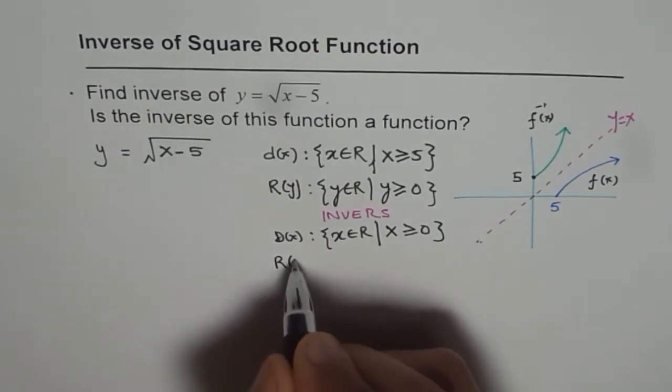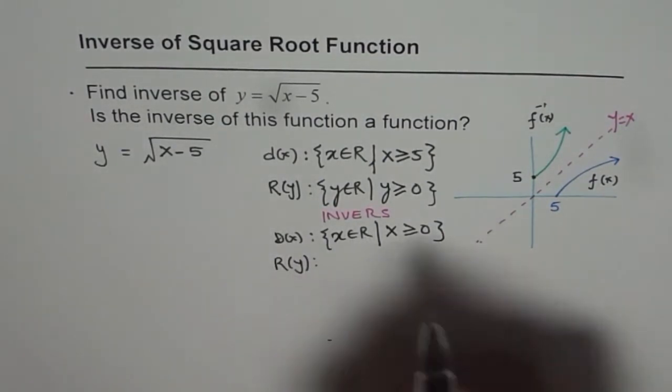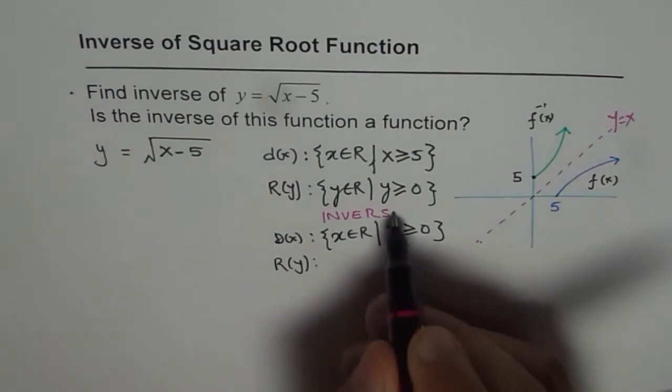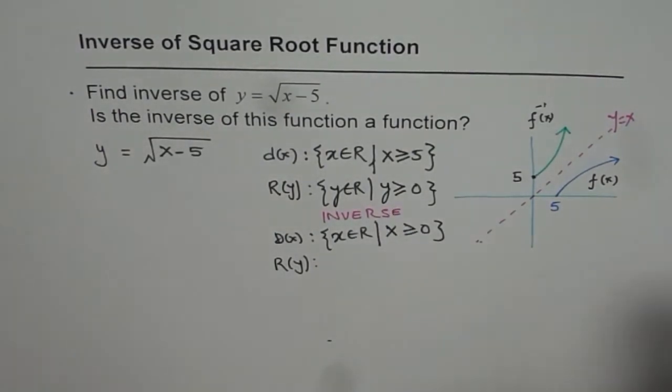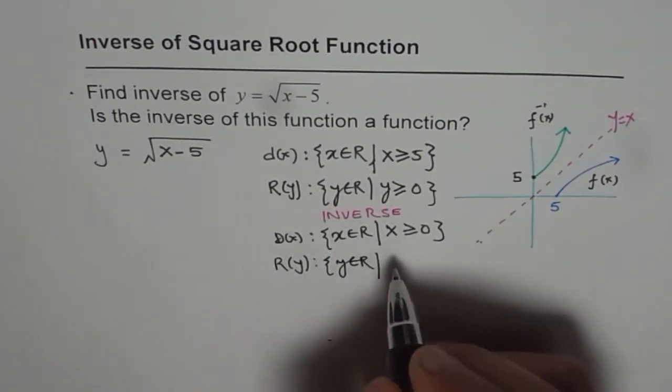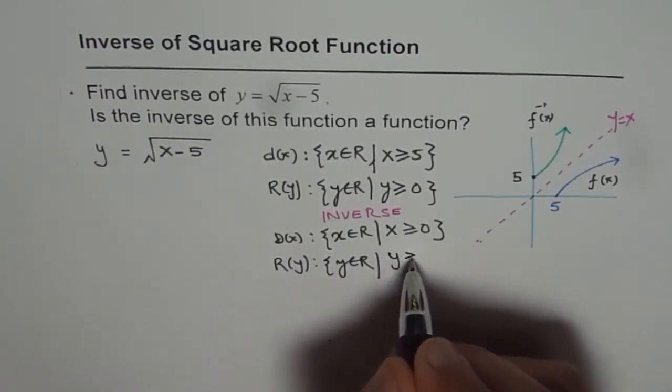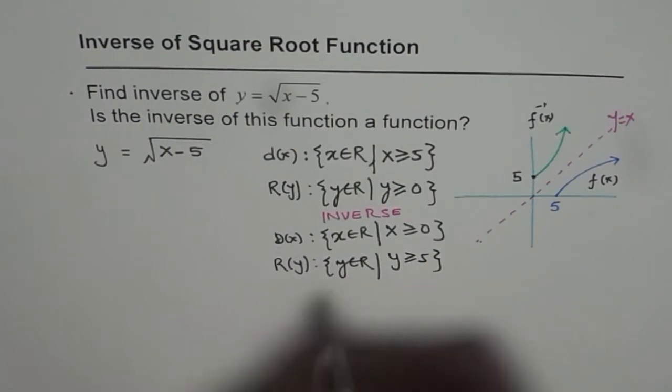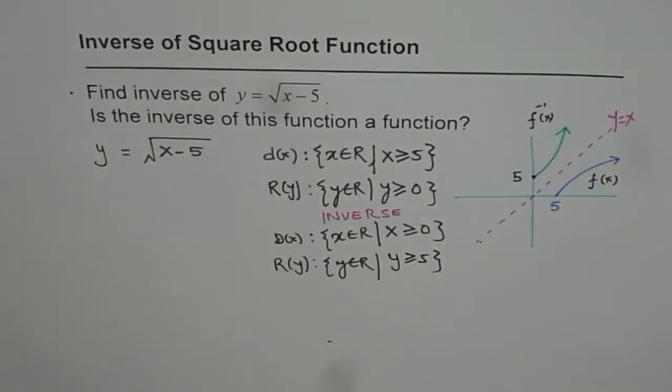And as far as the range is concerned, this is for the inverse function, it has to be y belongs to real numbers where y is greater than or equal to 5. Now from the diagram it is very clear.